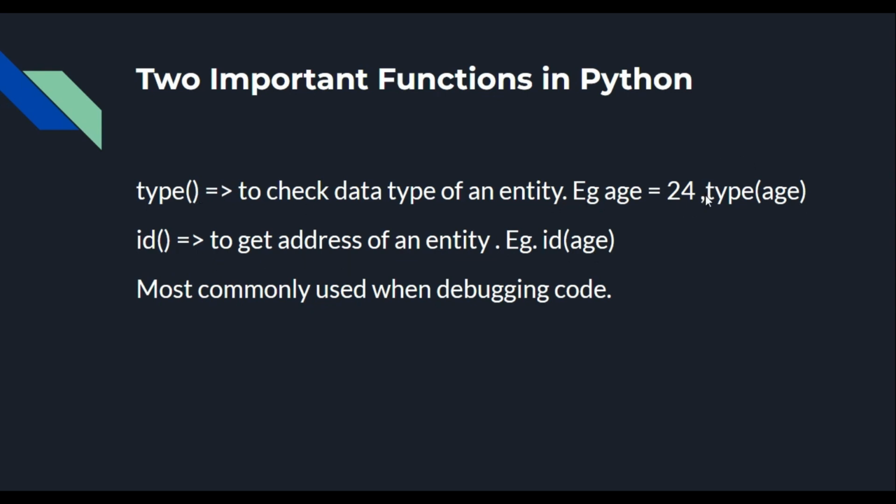Whenever you want to use the type function, you have to use type, and in brackets you have to provide the entity name whose data type you want to find. And for the id function, you have to use id, and in brackets you have to give the entity name whose address you want to find. In this way you have to use the type and id functions.